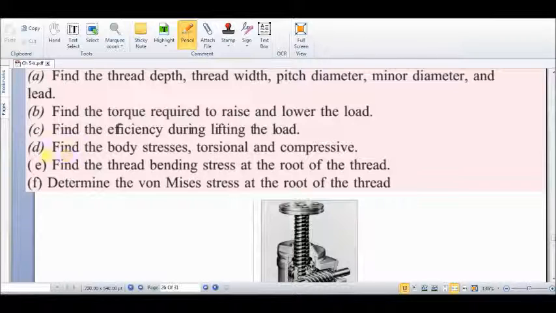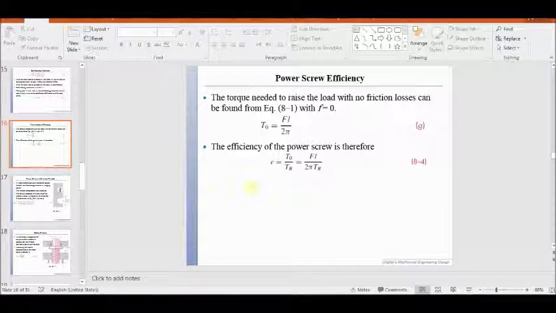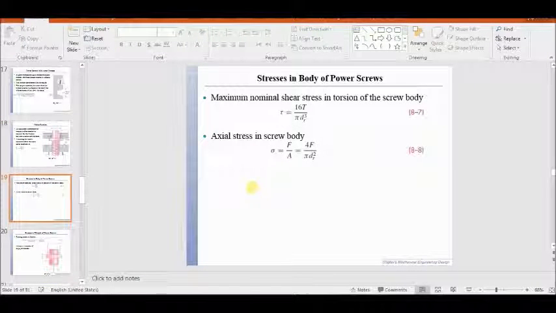Next we need to find the body stresses, torsional and compressive. That means we need to find the torsional stress on the body of the screw and also the compressive stress. Let's refer to the lecture note.